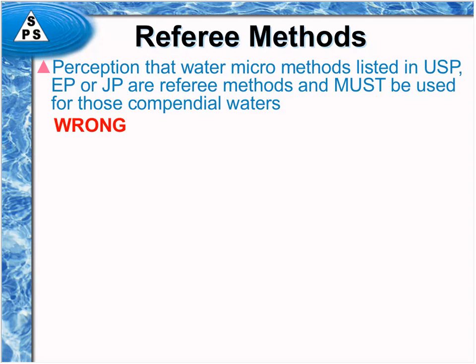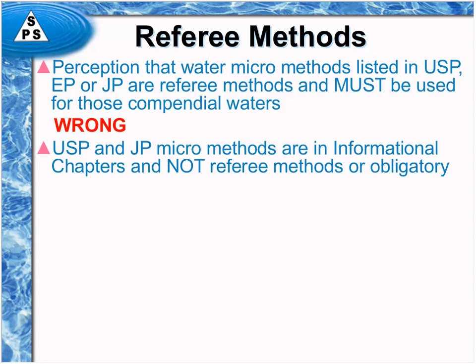However, it is wrong to think that. The reason is, certainly for USP and JP, those methods are listed in their informational chapters. Informational chapters are not mandatory. They're not obligatory, and they're certainly not referee methods that would be the courtroom method, the official method in a court of law whose results would make the difference in the ruling of a court case.